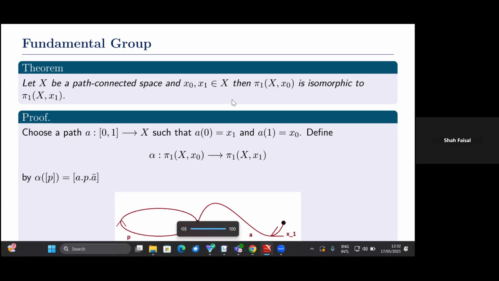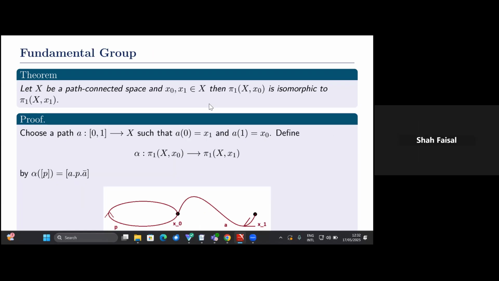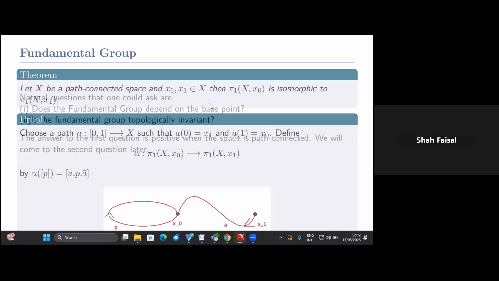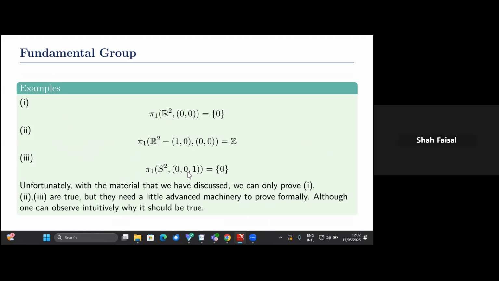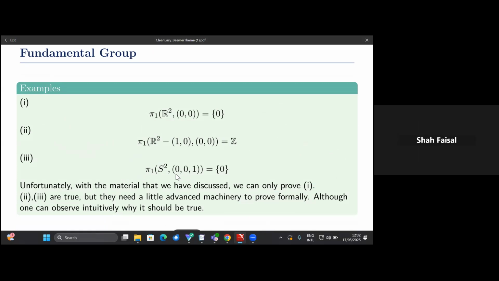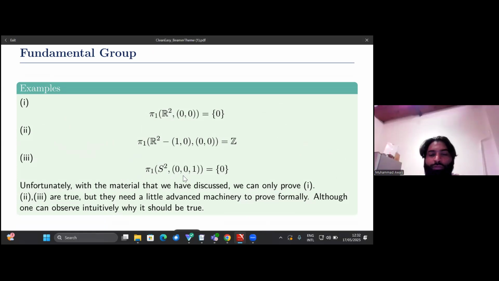Maybe it was a previous slide when you were talking about the groups for R2 and S2 minus a point. For the S2 minus a point, you can remove the north pole and then with the stereographic projection, you just get R2. No, this is not S2 minus a point. It's an S2 and this is a base point.